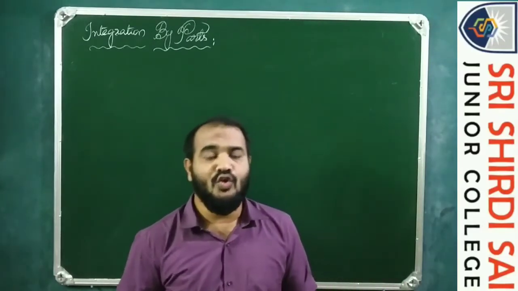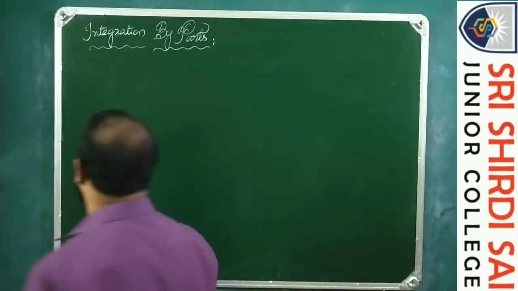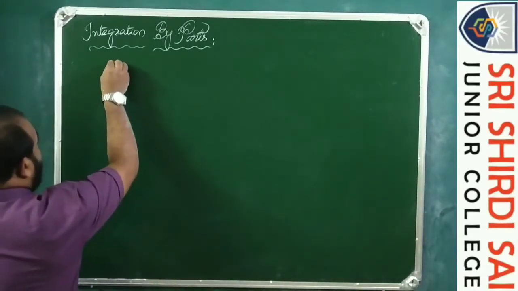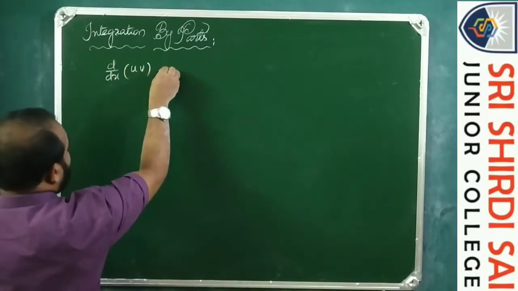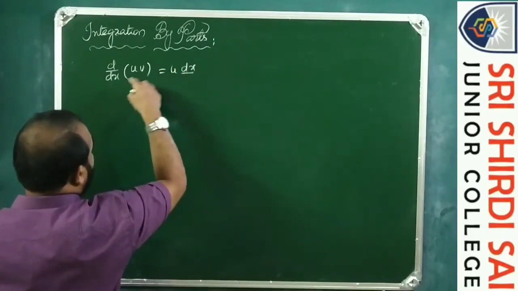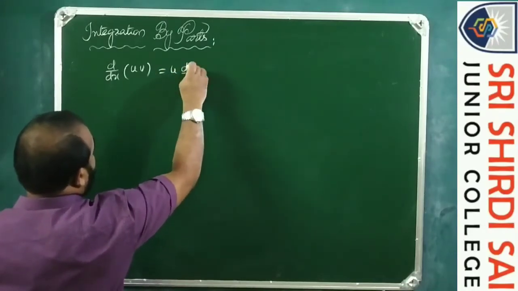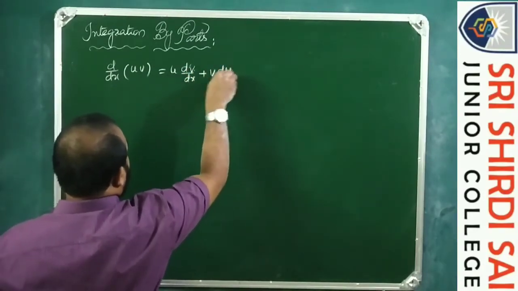If u and v are two differentiable functions, then d by dx of uv is equal to u into dv by dx plus v into du by dx.